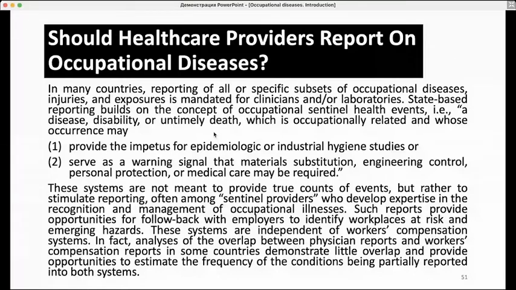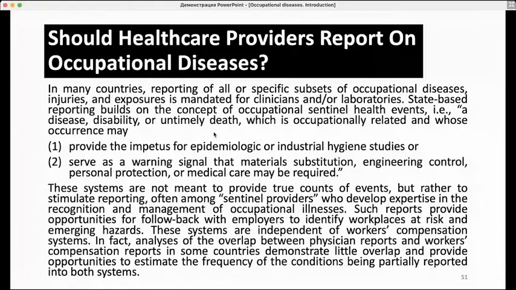These systems are not meant to provide true counts of events, but rather to stimulate reporting, often among sentinel providers who develop expertise in the recognition and management of occupational illnesses. Such reports provide opportunities for follow-back with employers to identify workplaces at risk and emerging hazards.